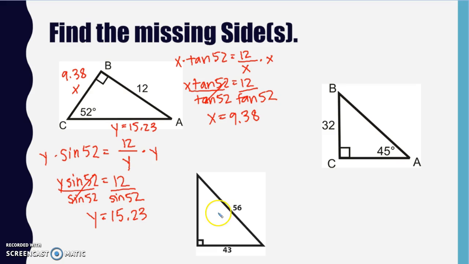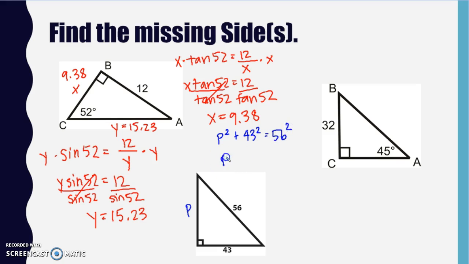Alright, for this middle one, I've got 43, 56, and I'm trying to find this third side over here. I don't have any angles, so I'm going to use the Pythagorean theorem. So I know that 56 is my hypotenuse. It's across from the right angle. So if I call this side p, p squared plus 43 squared has got to equal 56 squared.